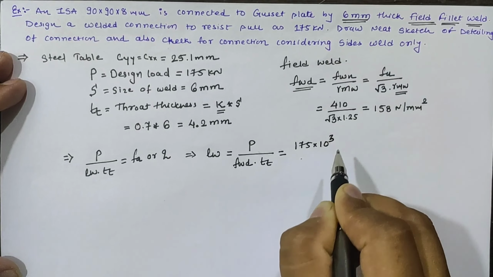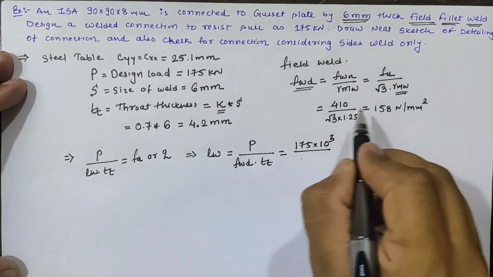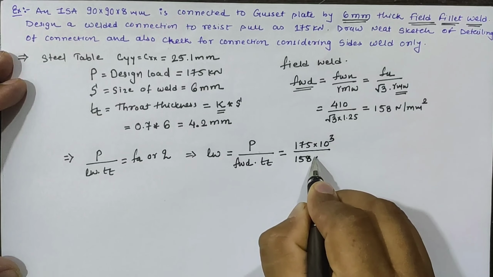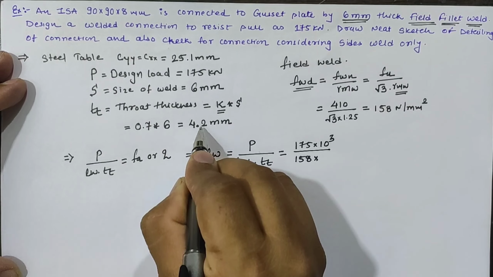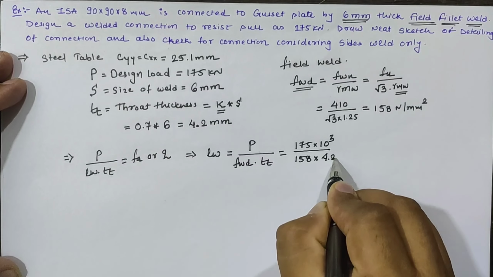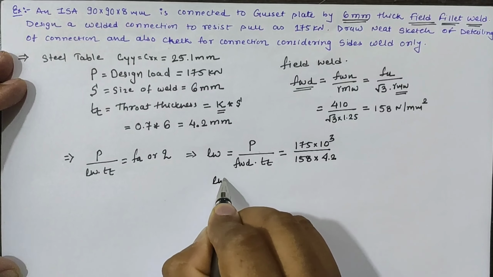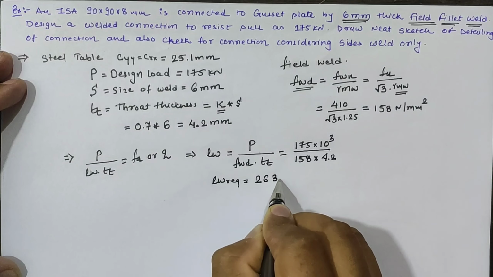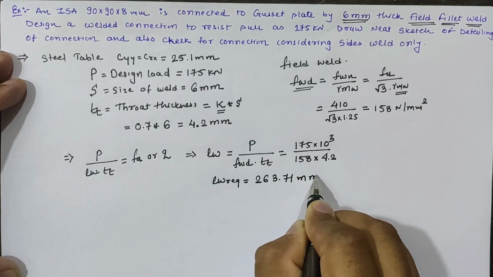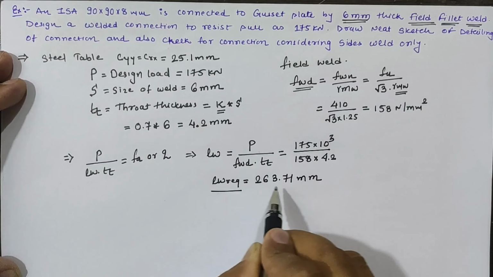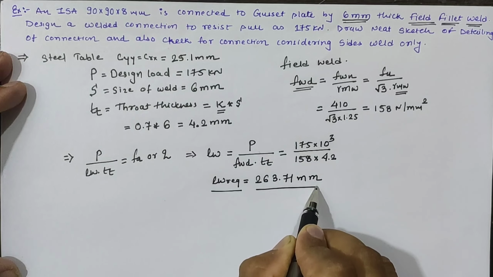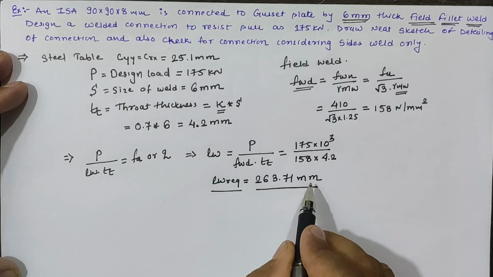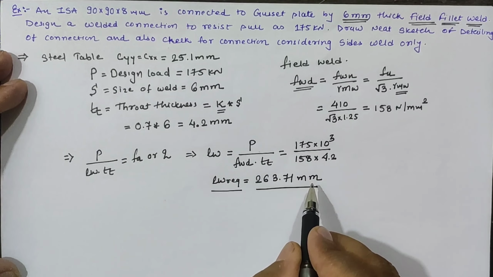So 175 into 10 raised to 3 Newton divided by FWD as 158 Newton per mm square, and throat thickness is 4.2. So the length of weld required is equal to 263.71 mm. So we have to connect the ISA 90 by 90 section with the gusset plate via 263.71 mm as the total length of weld.